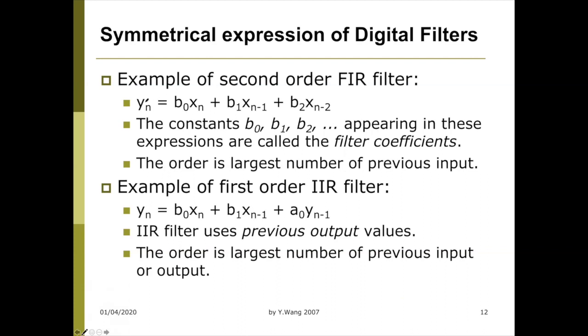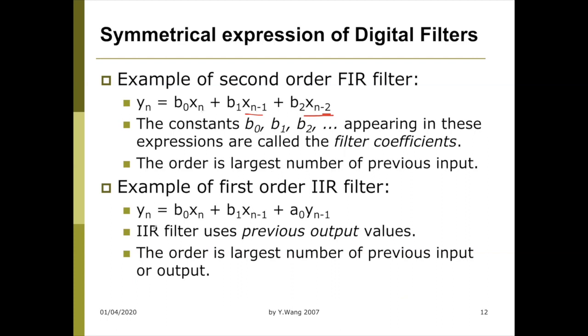In this case, the order of this filter is 2, because the largest number of previous inputs is 2. So we need to buffer at most 2 previous input signals. This is current. Current means the sample from the microphone at that moment, but those are the previous signals.